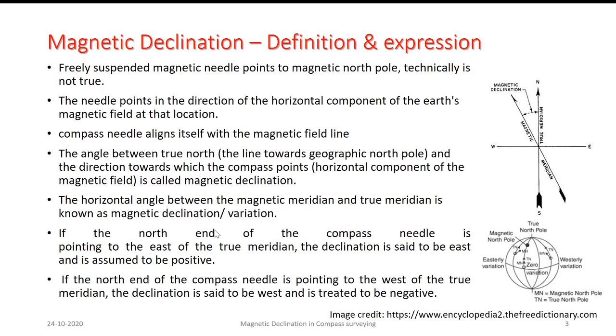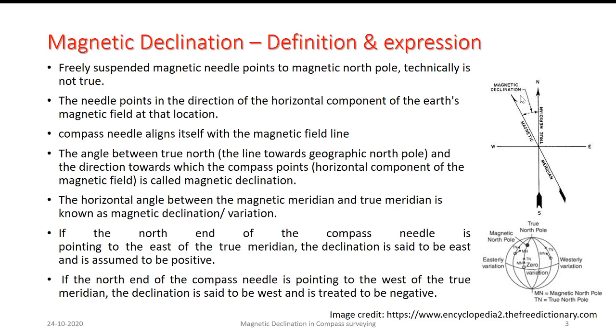If the north end of the compass needle is pointing towards the east of the true meridian, the declination is said to be east and treated as positive. Here, this is the true north direction.